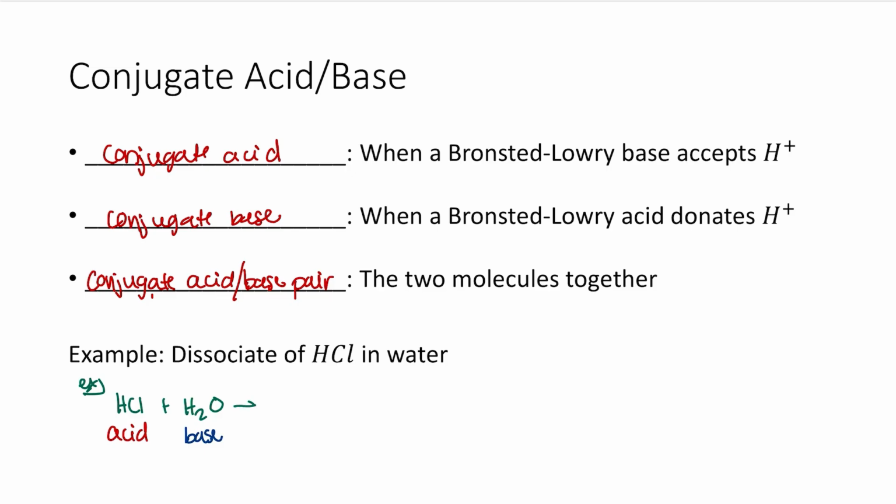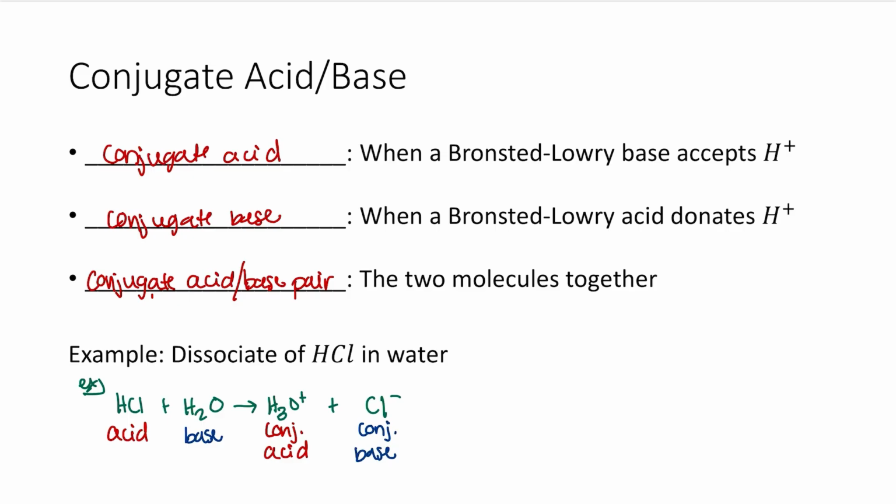HCl is going to donate a proton to water to become hydronium ion. So the HCl donates the proton to the base, water. And as a result, we get our conjugate acid. Since HCl donates the proton, it gives its proton away and it's left with chloride, which is going to be our conjugate base.